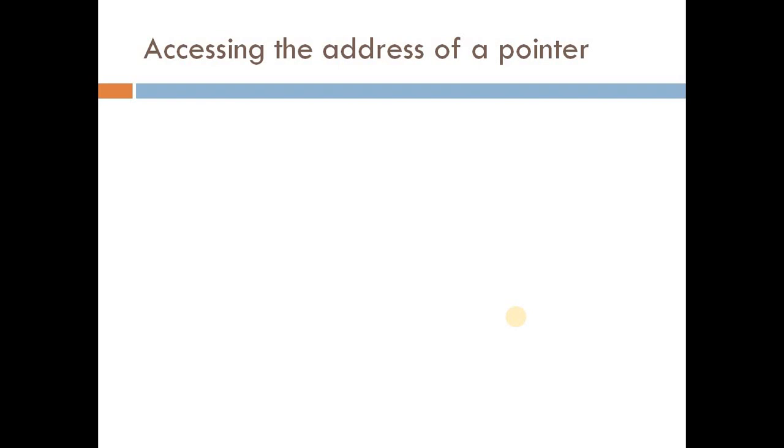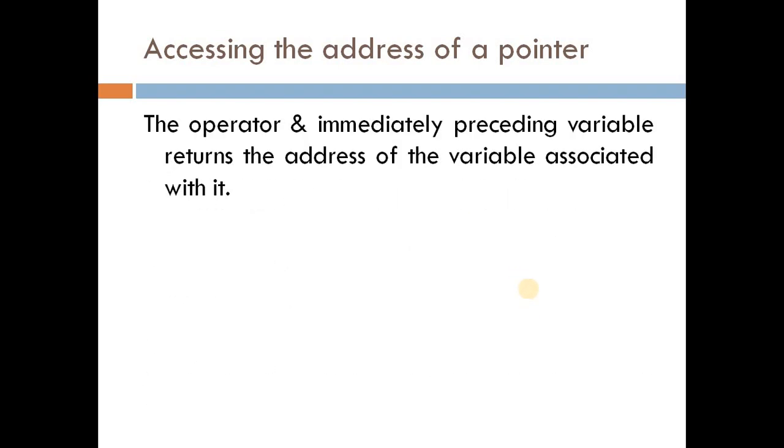In the scanf function we have used the ampersand. We have attached this ampersand to the variable whose value is to be inputted. The operator ampersand immediately preceding a variable returns the address of the variable associated with it.